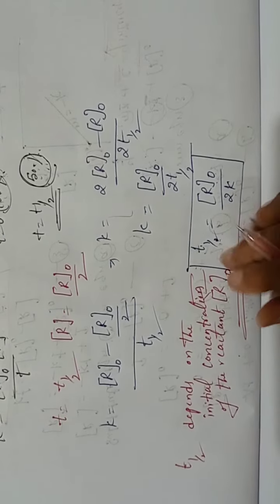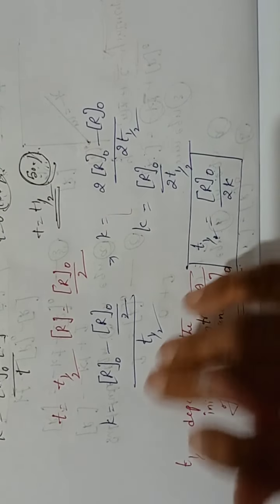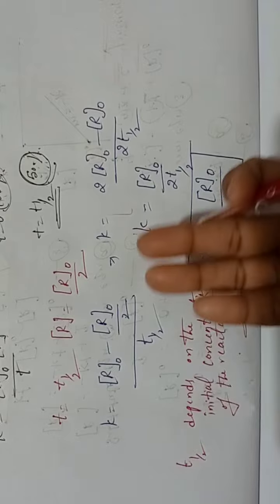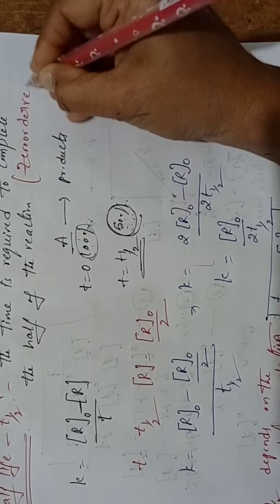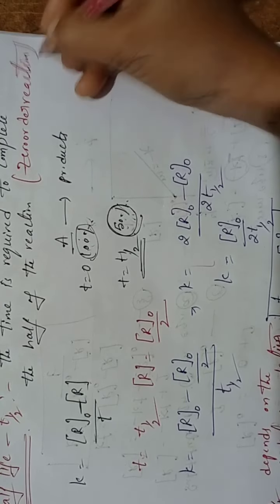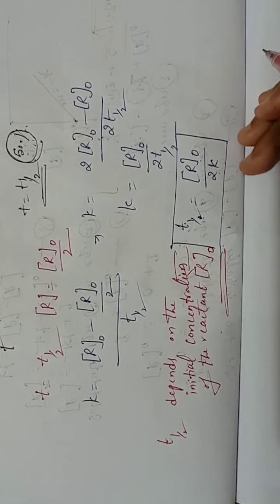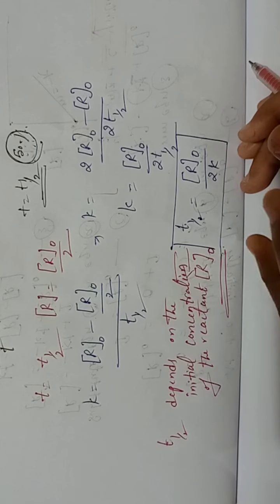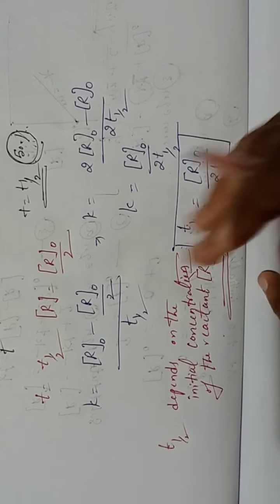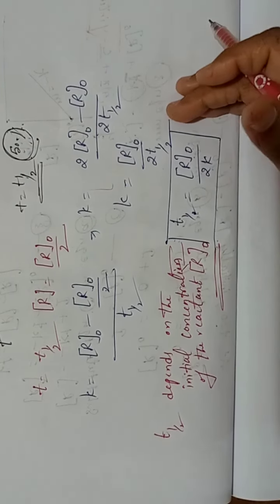Understood, students? This is in the case of zero order reaction. So this half life we calculated for the zero order reaction. So this is about the integrated rate equation for the rate constant of zero order reaction and half life calculation. Clear this one?